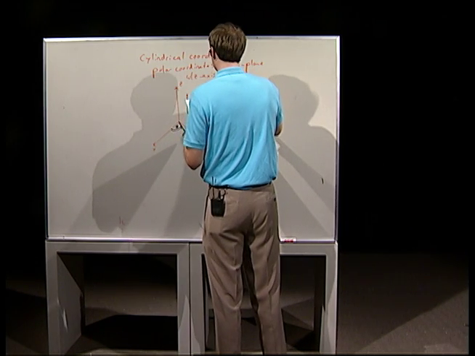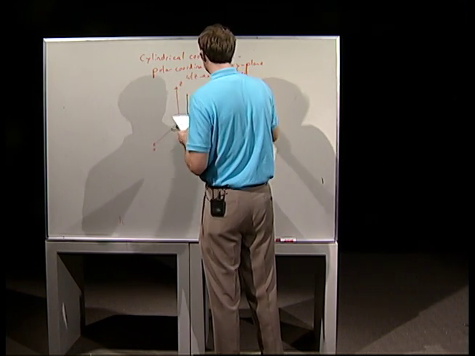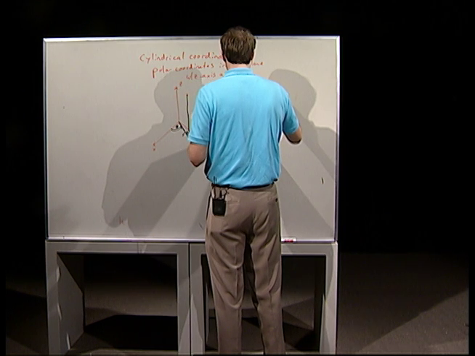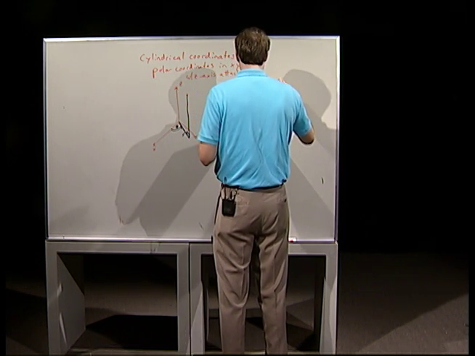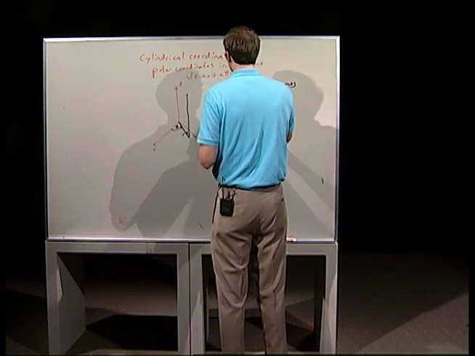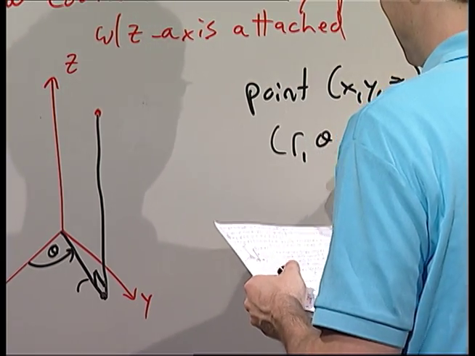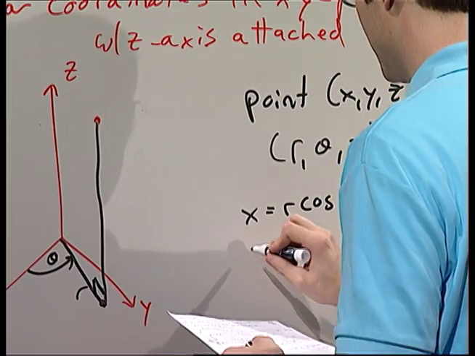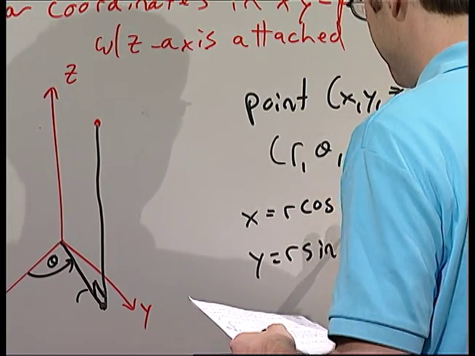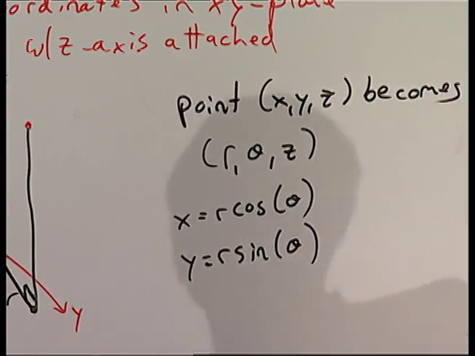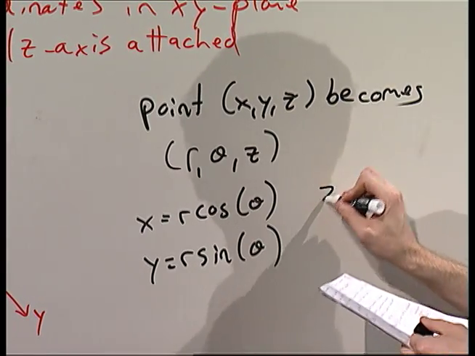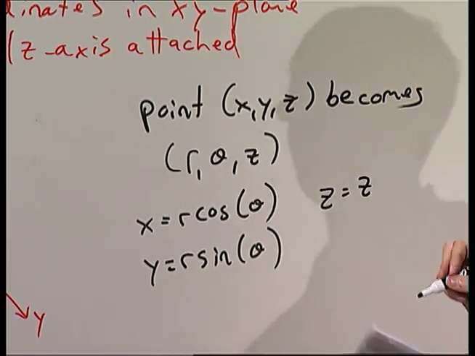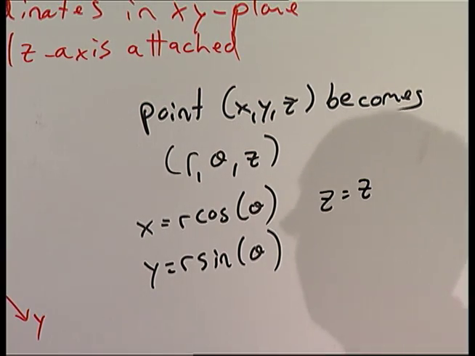So a point x, y, z becomes a point r, theta, z. Our usual polar relationships hold. X is r cosine theta, y is r sine theta, z is just z, right?